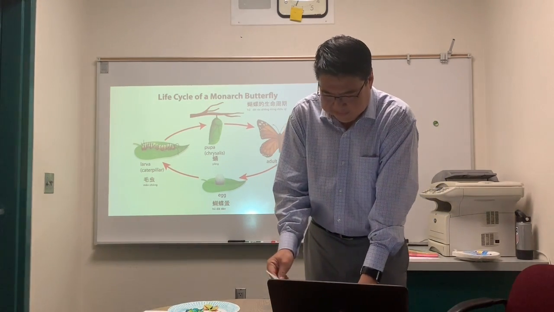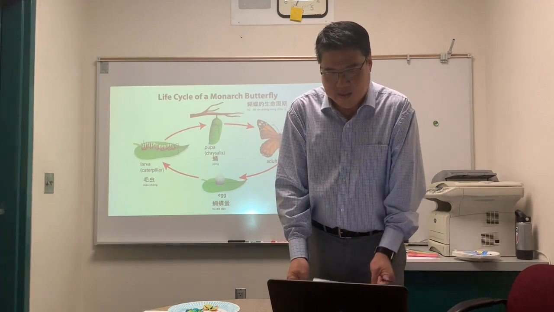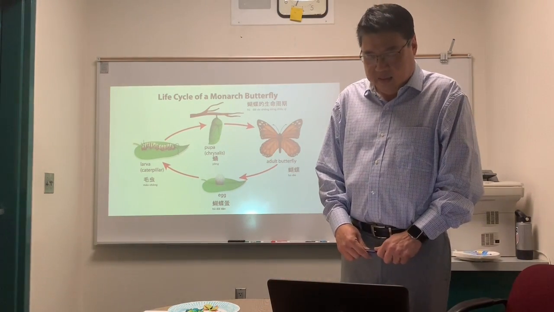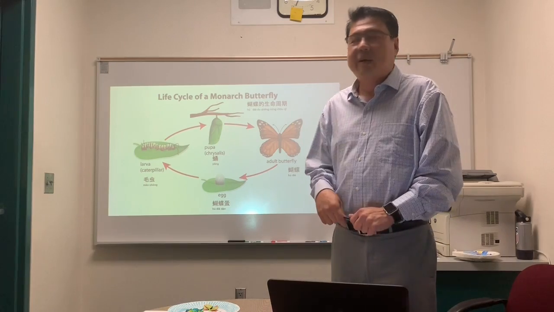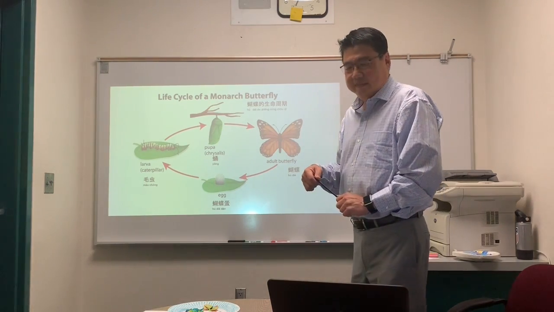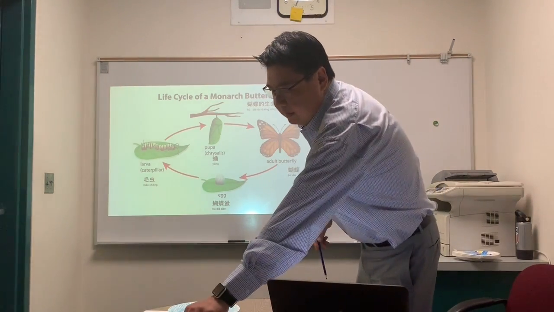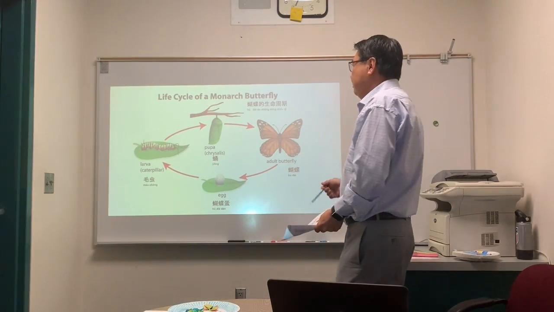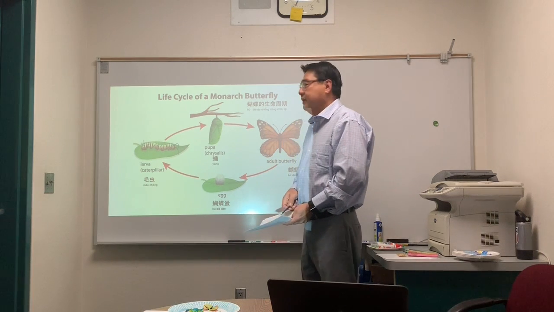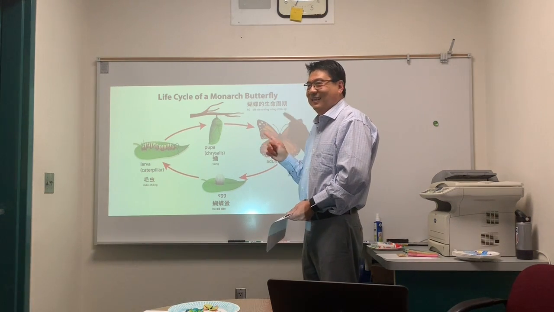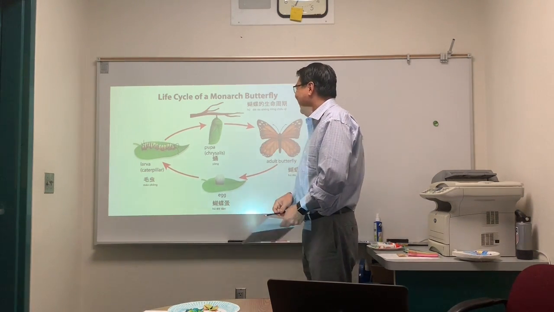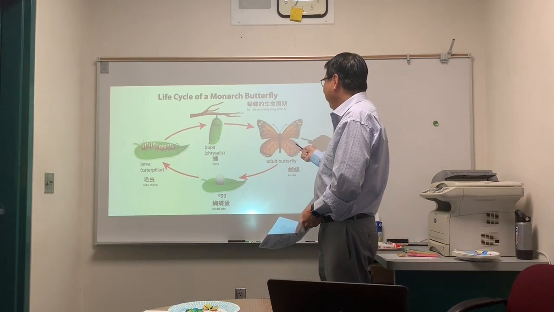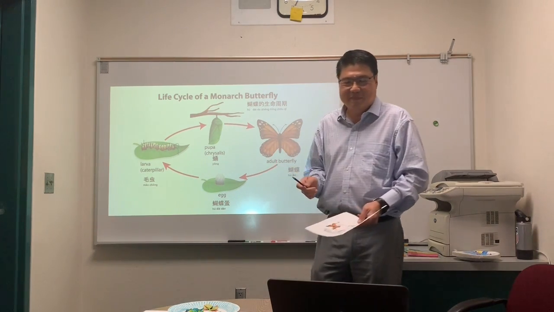So let's look at each of you. Can one of you come up and show me where the eggs are? How about show me where the caterpillar is? And show me the butterfly.